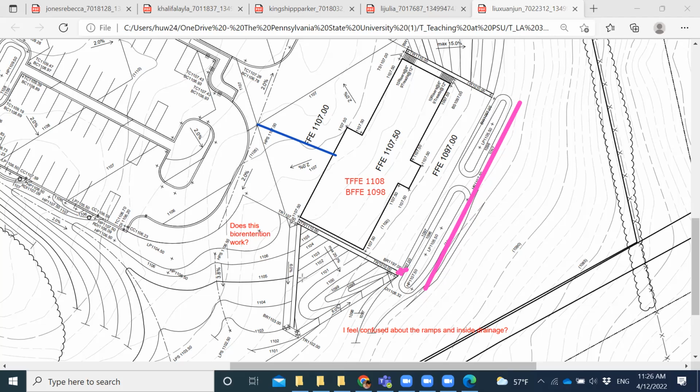And we need to find out a way to connect back here. Let's start with the 1098 contour. Your 98 contour goes here. Yeah, I can see how you feel that you don't have enough space, right? If that's the case, it might mean that you need to drag it out a bit more, extend it in this direction, and then find 5% slope.